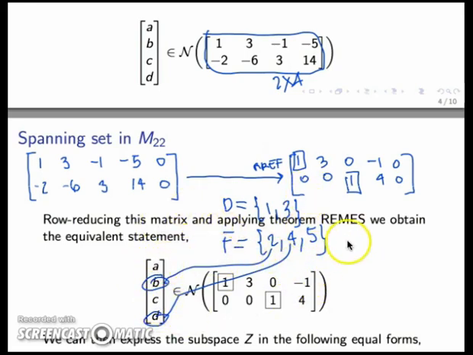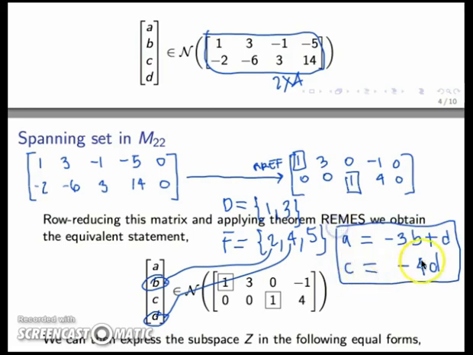This is to say that A could be expressed as minus 3B plus 1D, and we could also express C as minus 4D. So we can make these substitutions because A and C are the dependent variables, and we can substitute A and C by expressions in terms of the free variables.